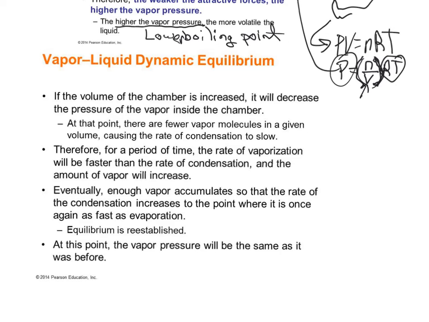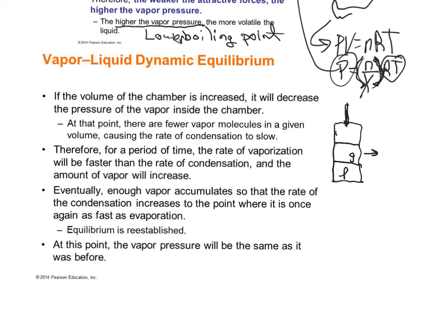Let's say you had a piston, and you had a liquid here and your vapor, your gas, here, with a fixed volume, and you let this reach dynamic equilibrium.